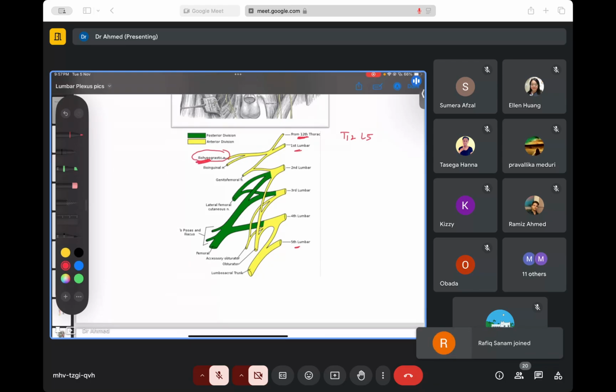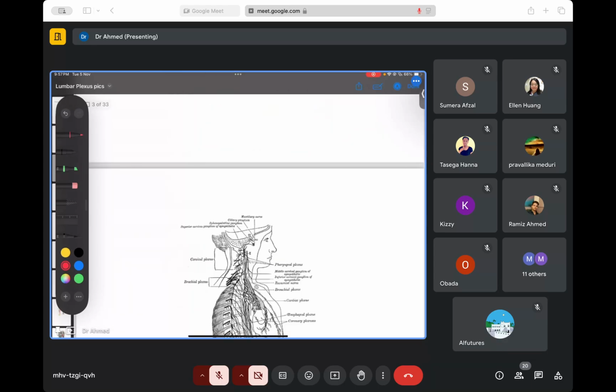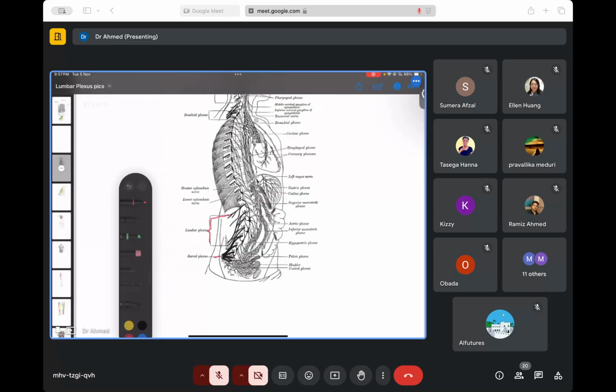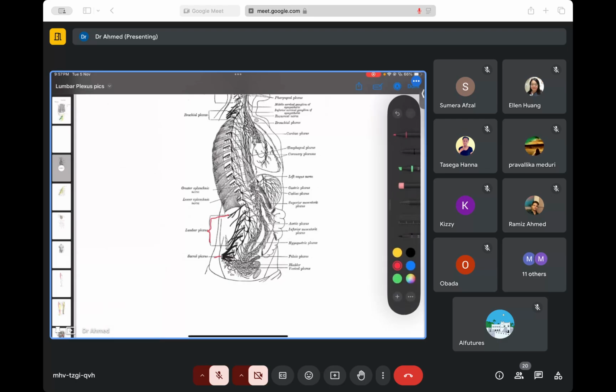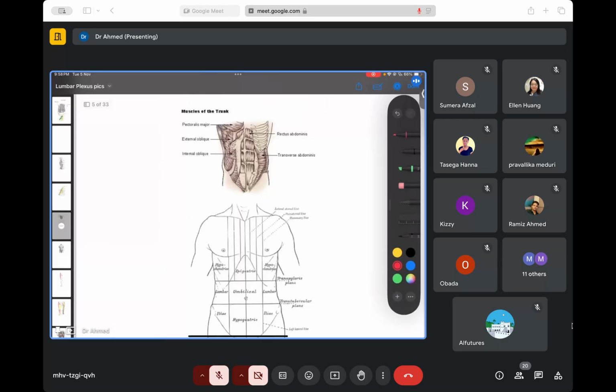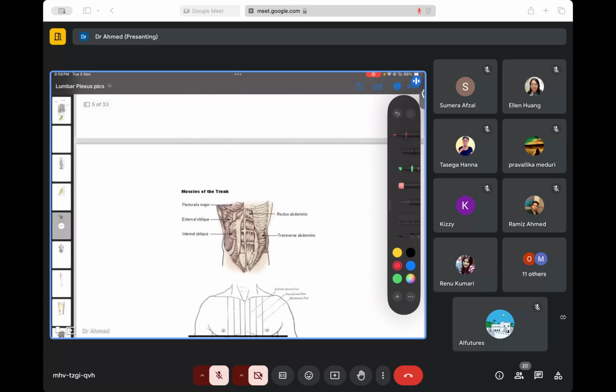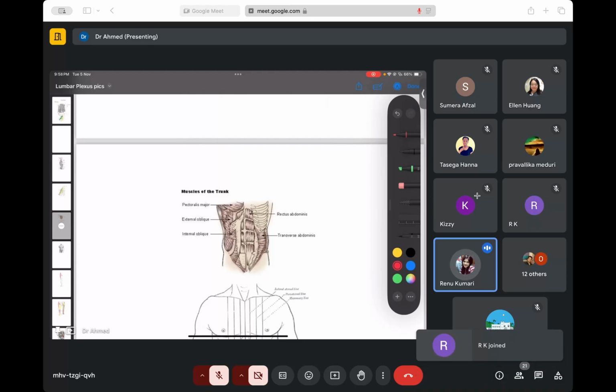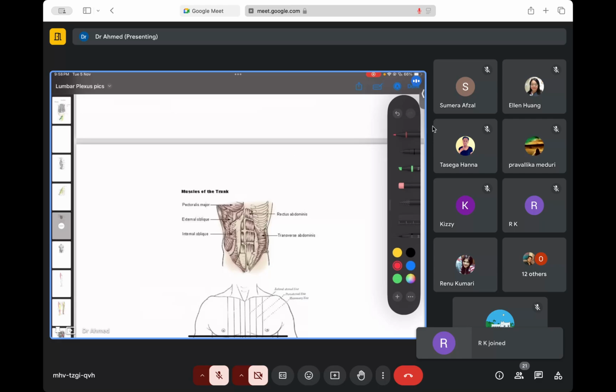So can you guys tell me what's the function of iliohypogastric nerve? Yes, iliohypogastric nerve is a motor supply to the internal oblique and transversus abdominis. Perfect. So it has motor and sensory innervations.